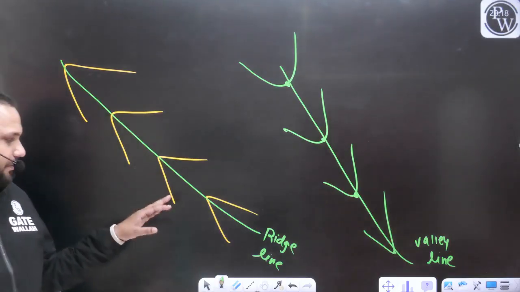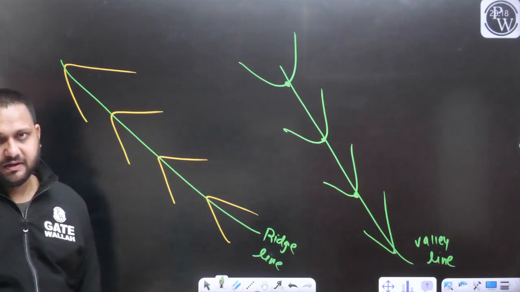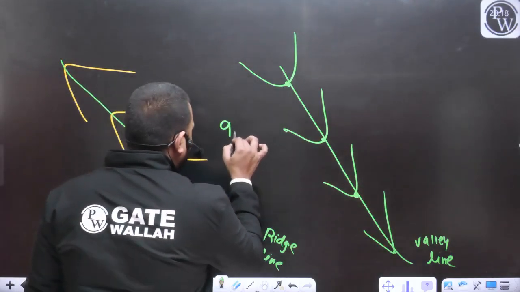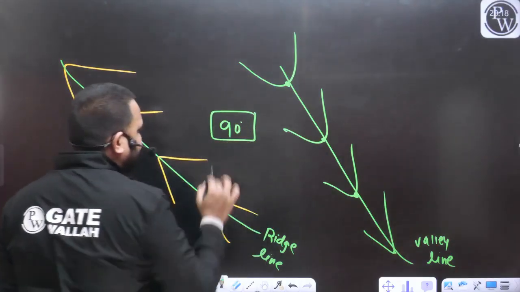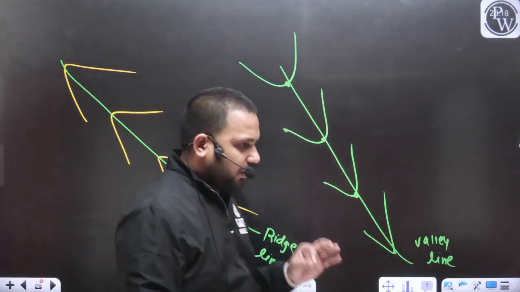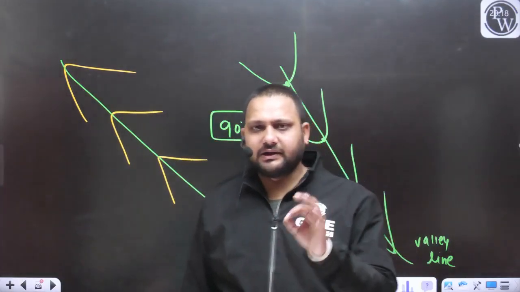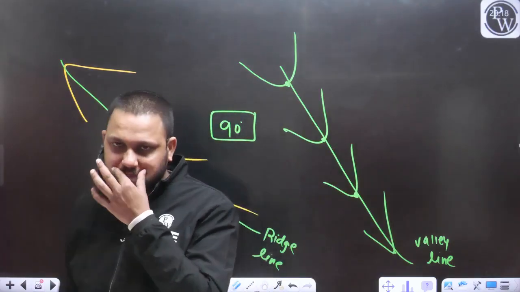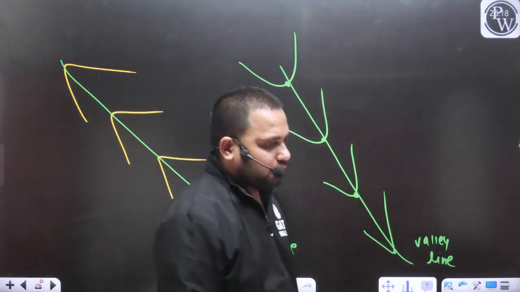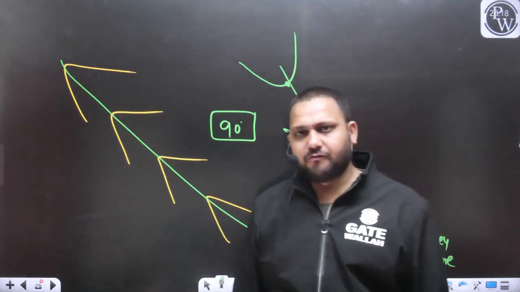Whenever I talk about the ridge line and valley line, it will always intersect the contour at an angle of 90 degrees. So you need to remember this value. Ridge line and valley line will always intersect the contours at 90 degrees.